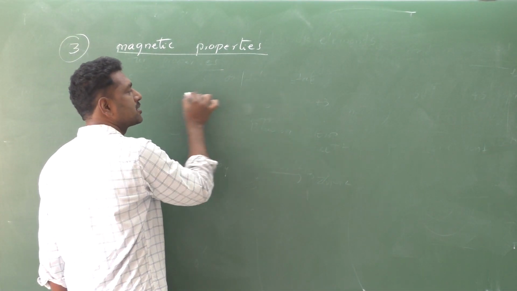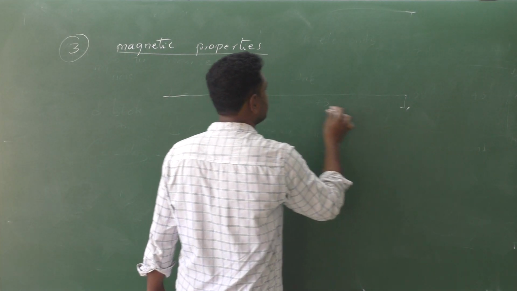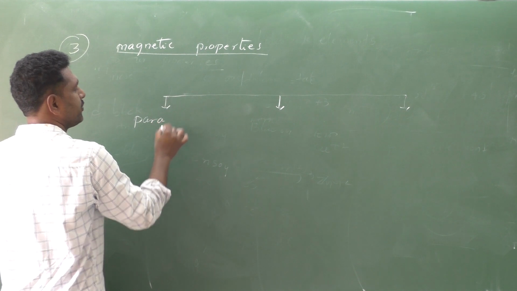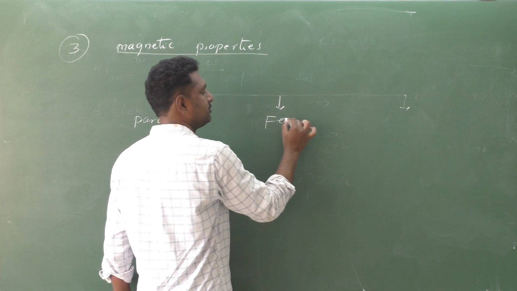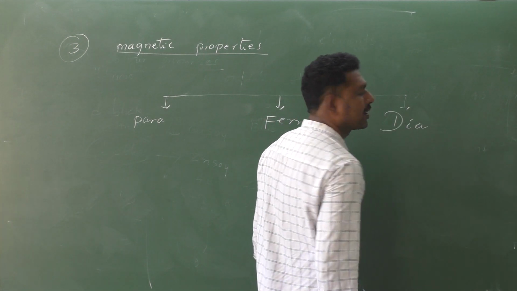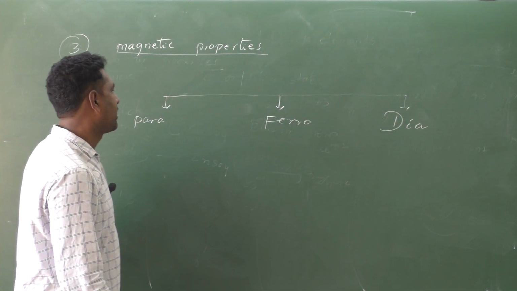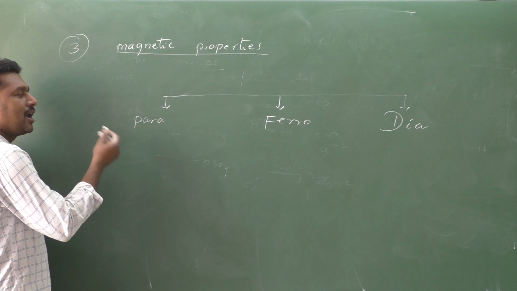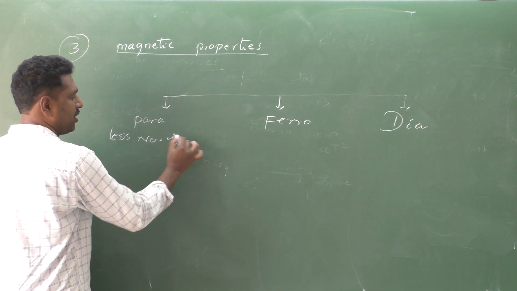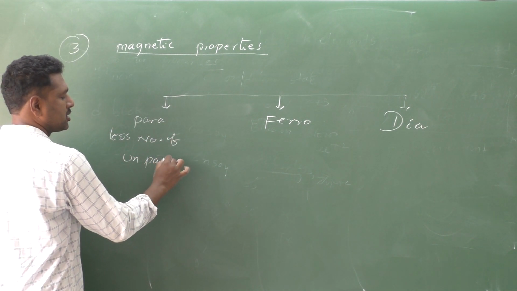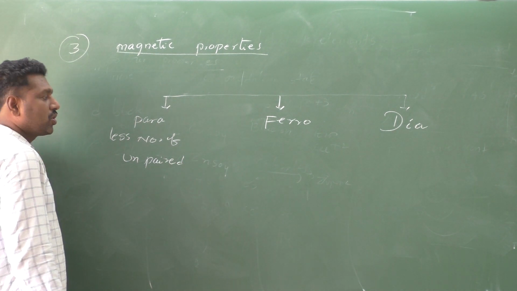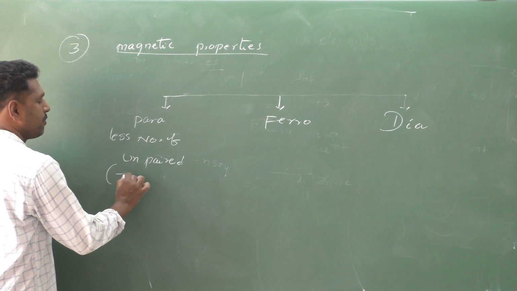Magnetic properties are mainly divided into three types: paramagnetic, ferromagnetic and diamagnetic. Para means the elements which have a small number of unpaired electrons, so they are weakly attracted by the magnetic field.